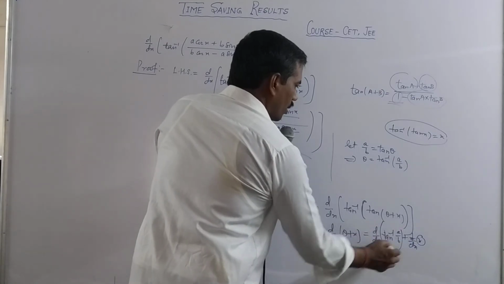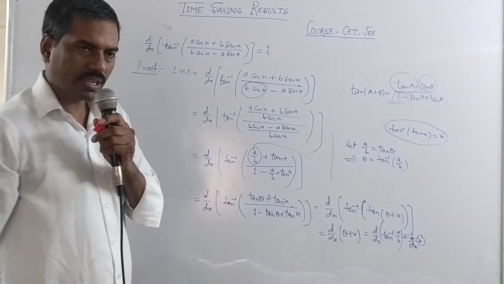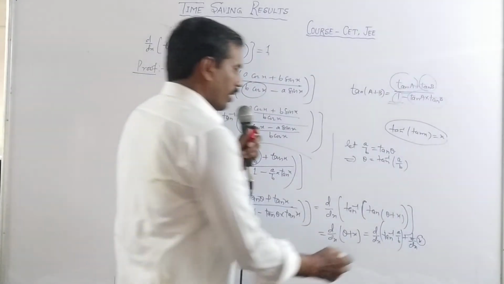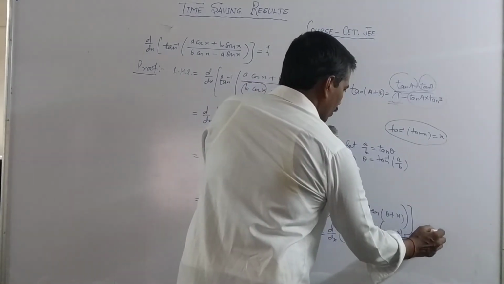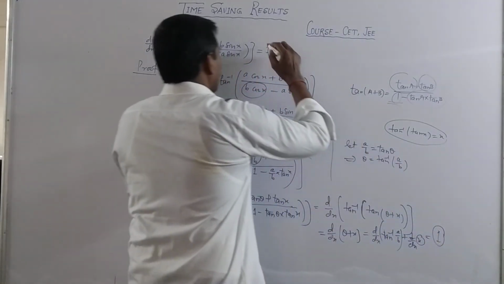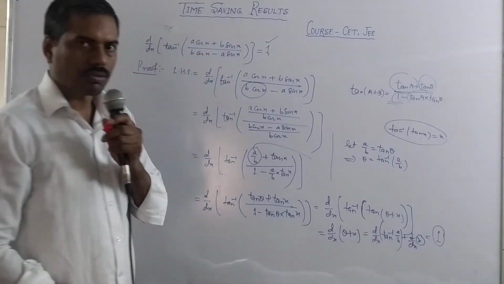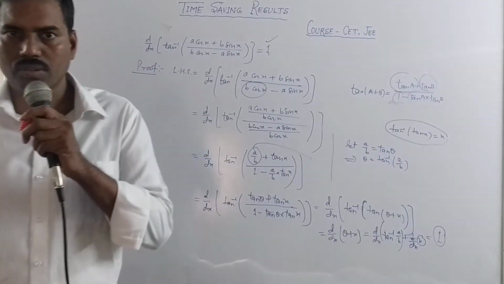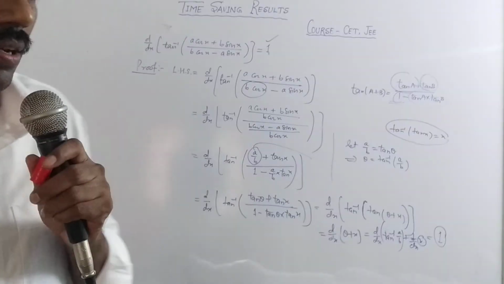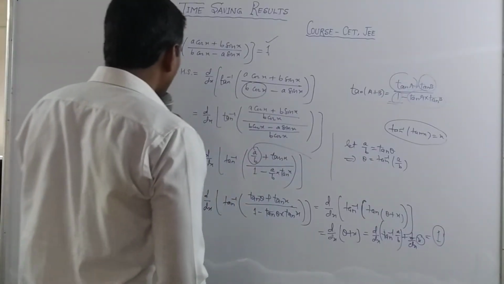Tan inverse a by b is a constant with respect to x, and the derivative of x with respect to x is 1. So the result is 1. Students, any problem you can ask. Please write down and make a note.